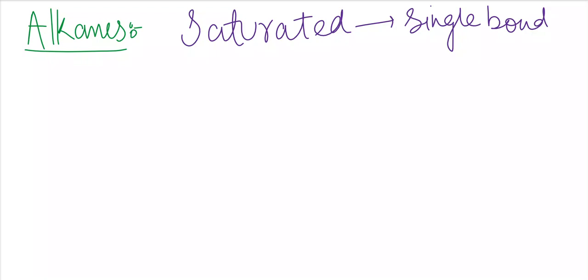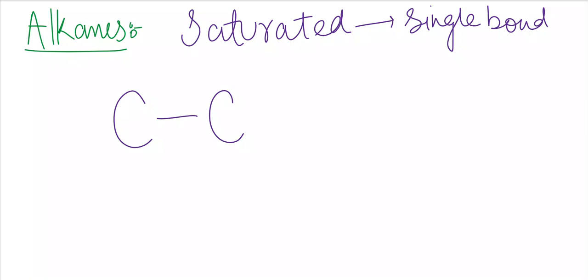So alkanes are a series of hydrocarbons with the general formula CnH2n+2. They are saturated compounds and they have only single bonds between the carbon atoms. No double bond or triple bond is present between the carbon atoms in their structures.